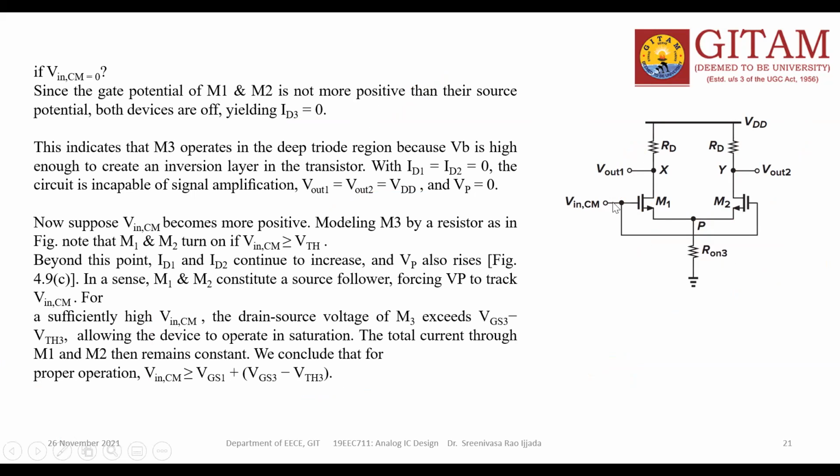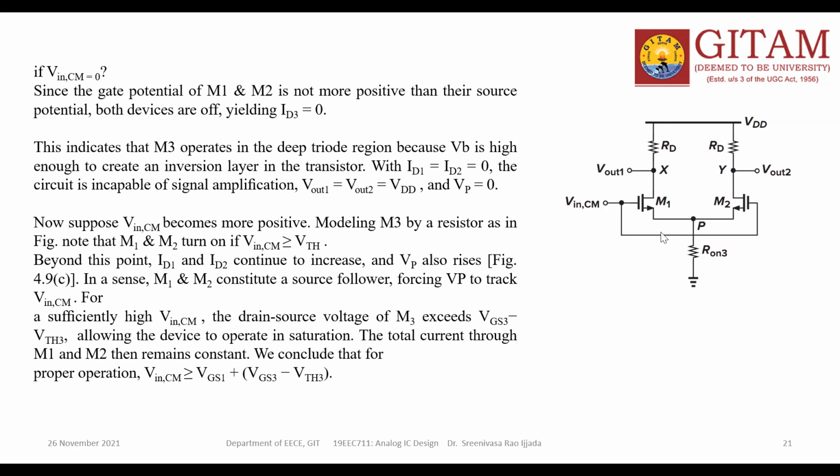So both the gates are tied together and the same common mode value is applied. How much input voltage, that means common mode voltage, should be applied to keep both devices on, in saturation? The common mode voltage required should be greater than or equal to VGS1 plus VP.